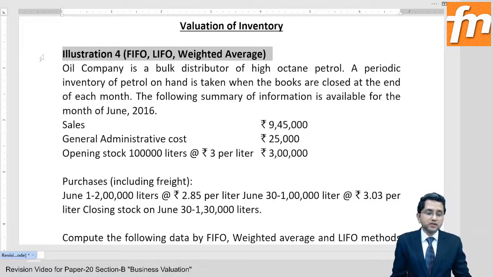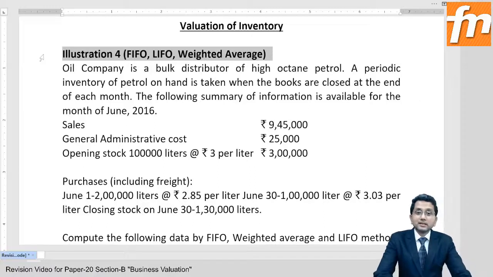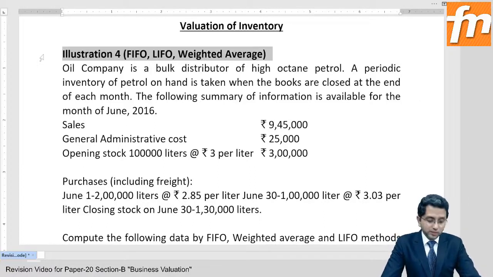And the earlier, cheaper purchase will remain in stock and it will be shown on the asset side of the balance sheet. So that's not fair value accounting, I'll say. That's conservative accounting. So that is how they do prefer LIFO over FIFO or weighted average.